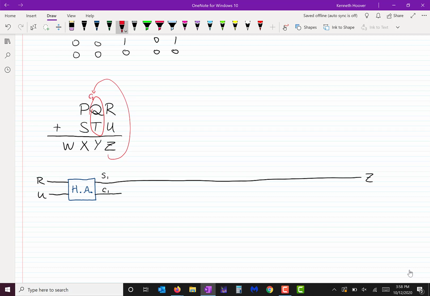And you add Q and T plus the carryover. So how many numbers are being added together now? C1 plus Q plus T, that's 3 single-digit numbers. So to add those together, what kind of circuit do you need? You need a full adder.